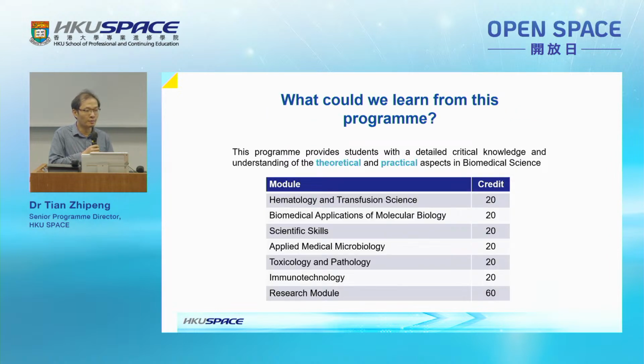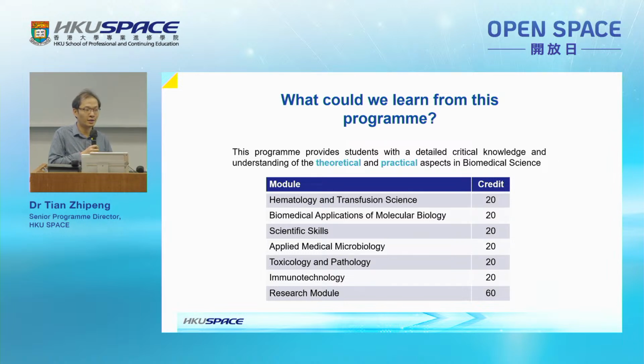This program consists of 6 taught modules plus 1 final year project. The program covers both theories and practicals related to biomedical science. The taught modules and the credits are listed here.